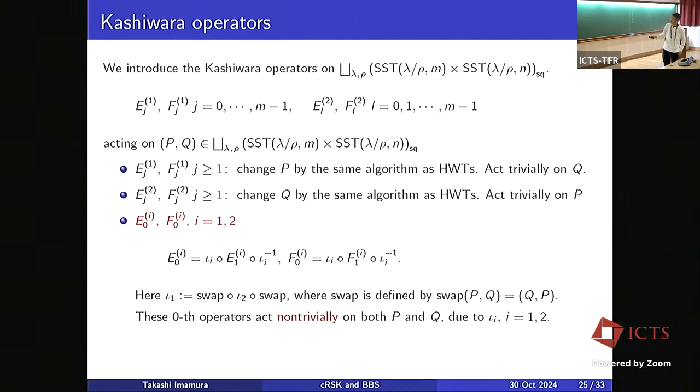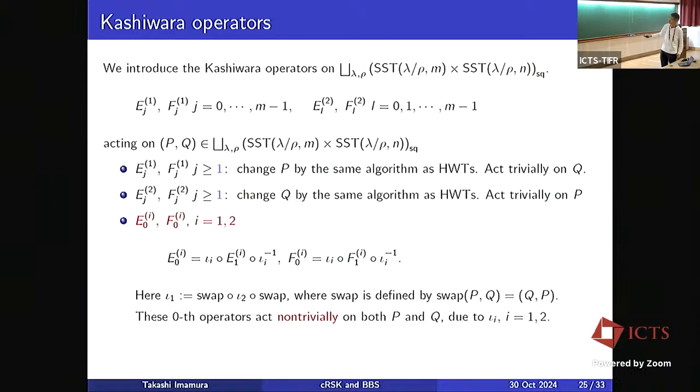We label each E and F with 1 and 2, E1 and F1. When j is larger than 0, the action of this operator is exactly the same as for the HWTs.